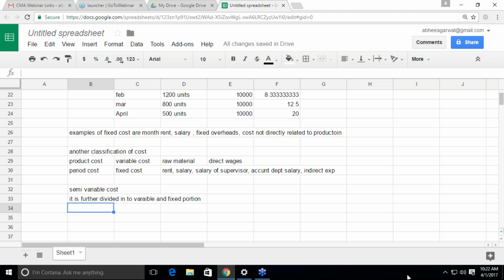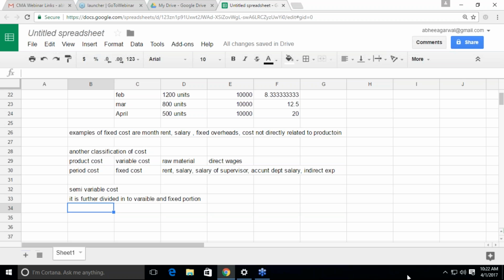So at the end of the day, you will have only two types of cost, either variable or fixed cost. Semi-variable cost will not remain semi-variable because we will divide it into variable and fixed portion. How to divide a semi-variable cost into variable and fixed portion, I will tell you later.